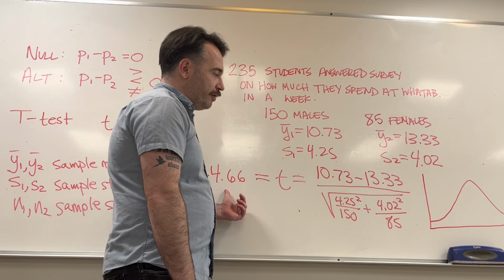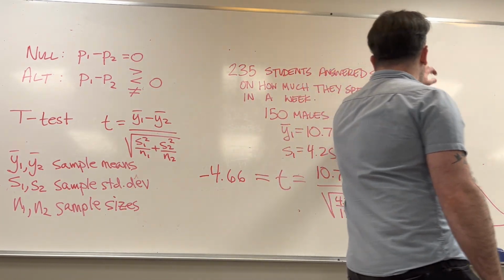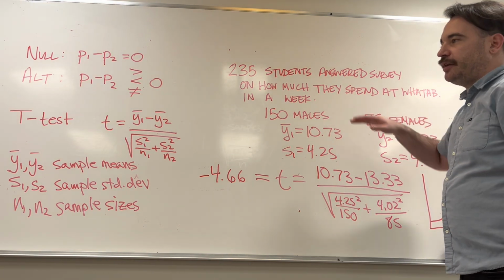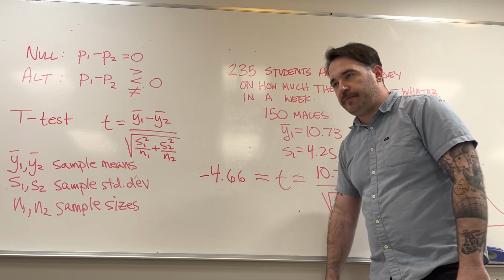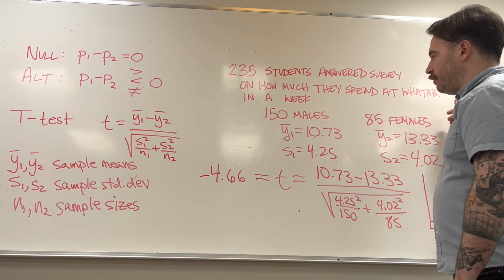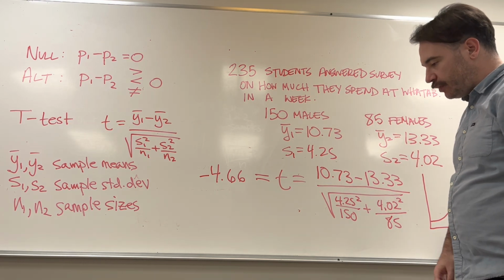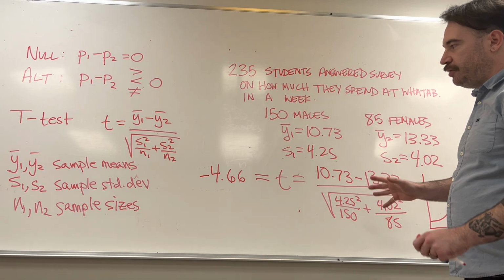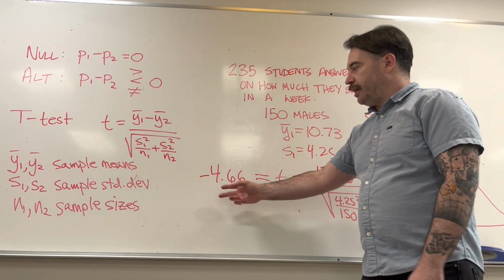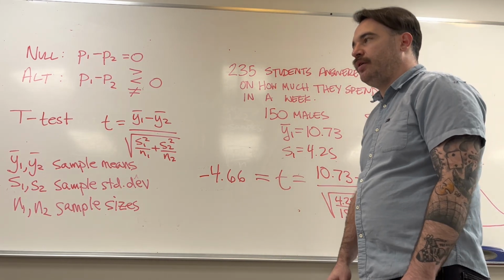And negative 4.66 means that if we took a bunch of different samples, so if we had, say, 1 million students, and we took a bunch of samples amongst males and females and got the mean and standard deviations, then these two samples are so different, they would fall negative 4.66 standard deviations from the mean.